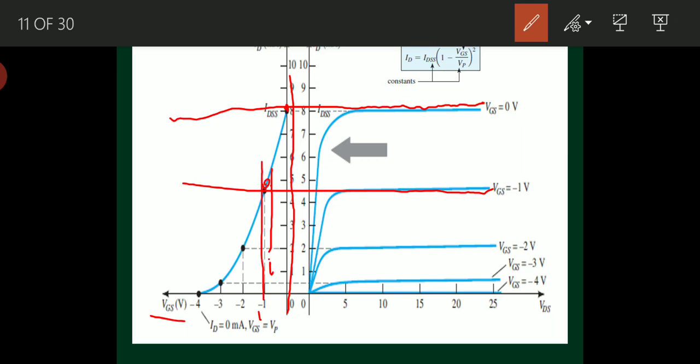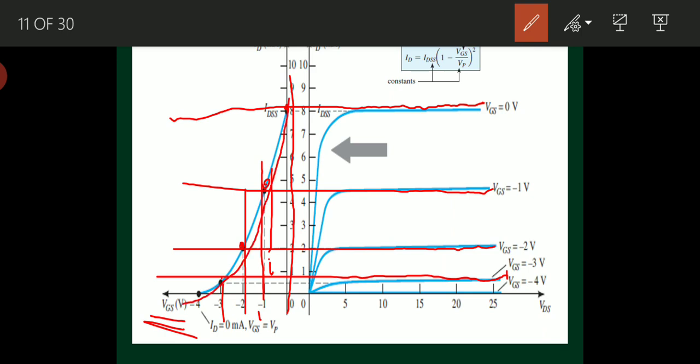When VGS is equal to minus 2 volts, draw a horizontal line and a vertical line; this is the point we are going to use for the graph. Likewise for minus 3 volts. Link all these points, and this is the graph.